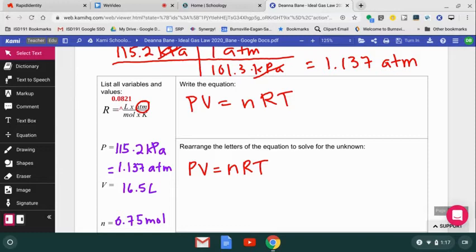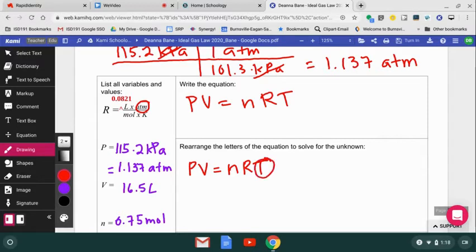The first step in solving the problem is to write the equation, which I've already done. And then we need to rearrange it for the unknown variable or letter. Since we're trying to find temperature, I'm going to circle temperature, and then I need to divide both sides by whatever letters are on the same side as temperature.